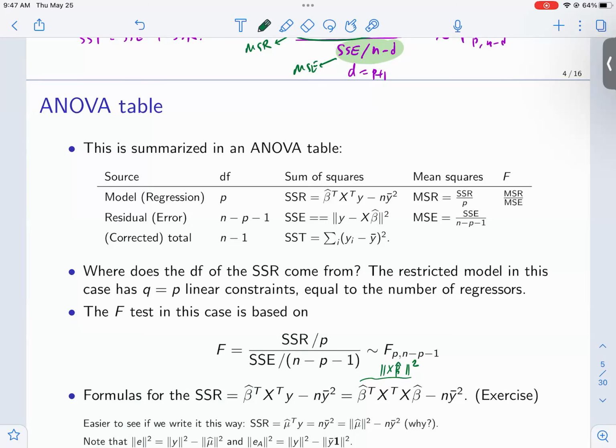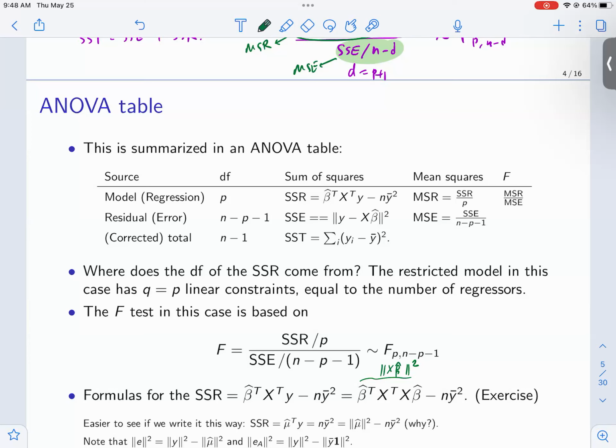So SSR plus SSE is SST. Degrees of freedom of this plus degrees of freedom of this would be the total degrees of freedom. We didn't talk about the degrees of freedom of this, but they add up as well. Then you divide this by the degrees of freedom, you get the MSR. You divide this by the degrees of freedom, you get MSE, and then you divide them.